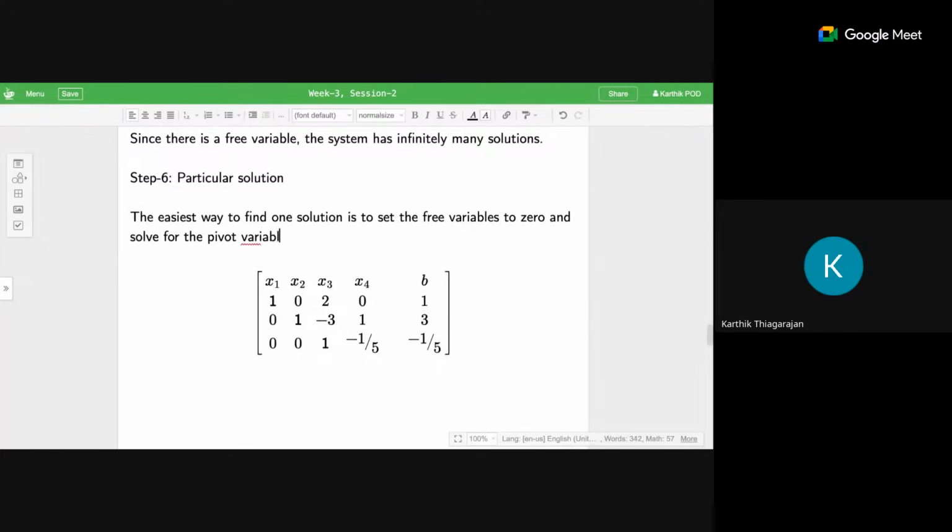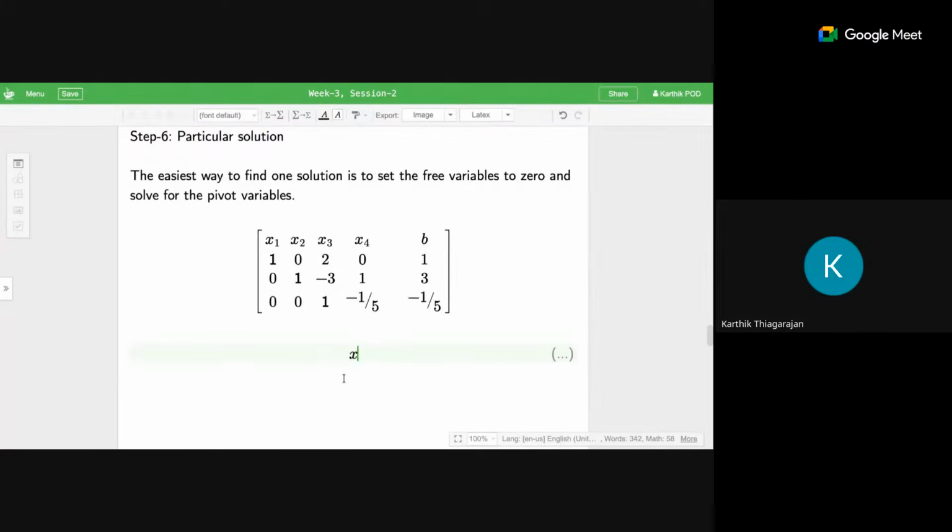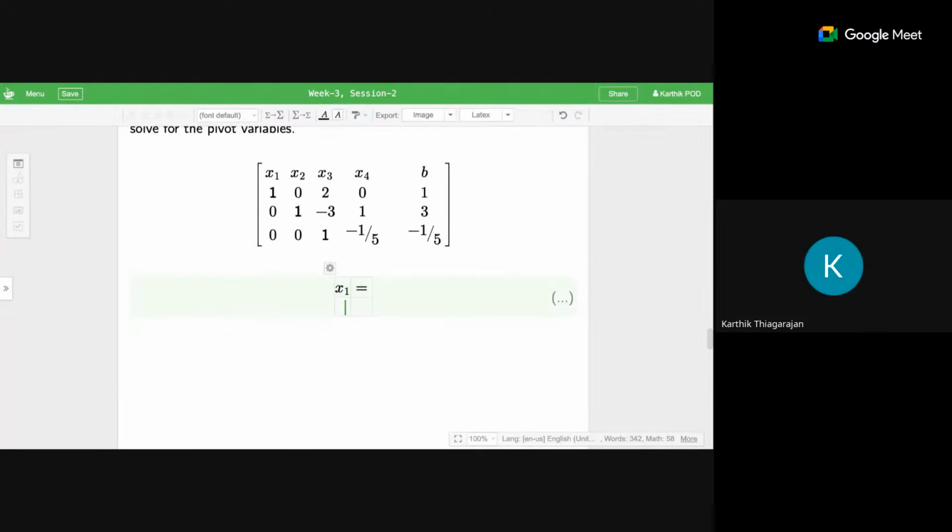This is one way to find one solution, which you are going to call the particular solution. So in this case, I'll list down x1, x2, x3, x4. x4 I'm going to set to 0 because it's a free variable, and then I am going to solve for x1, x2, x3.